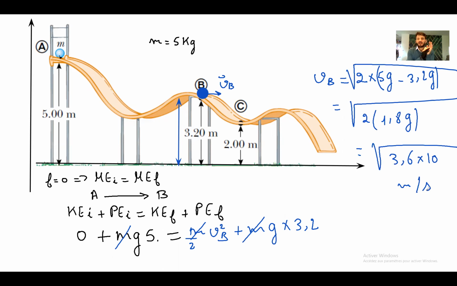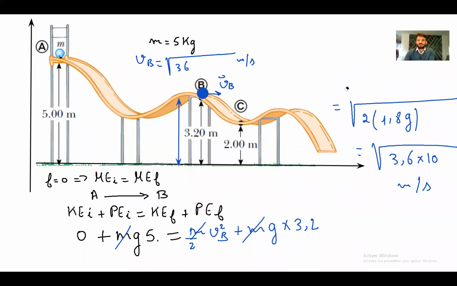This is the answer about VB. I need to calculate its velocity at the position C. We can apply the same result. Let me write VB equals 6 m per second.